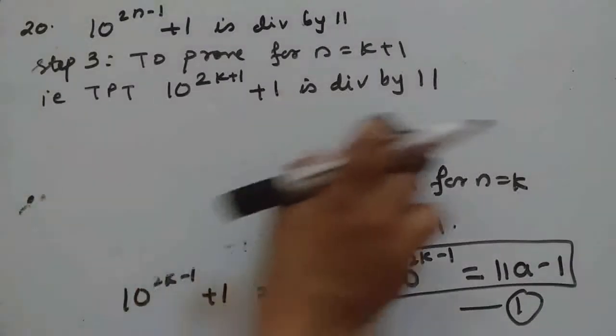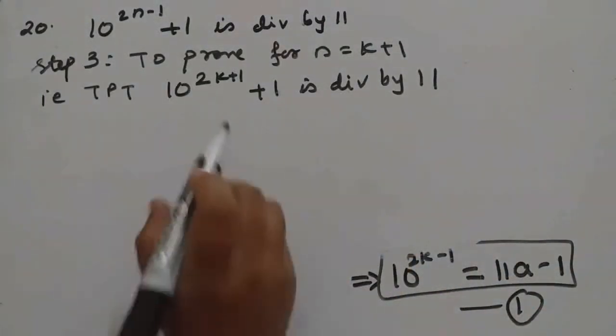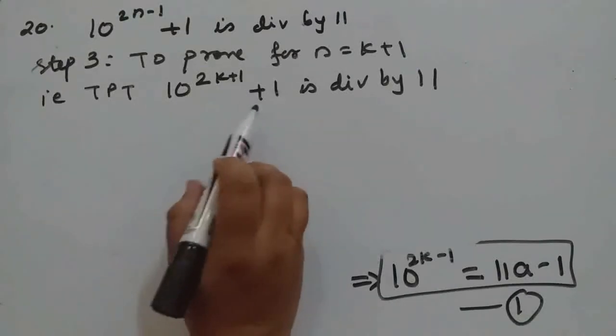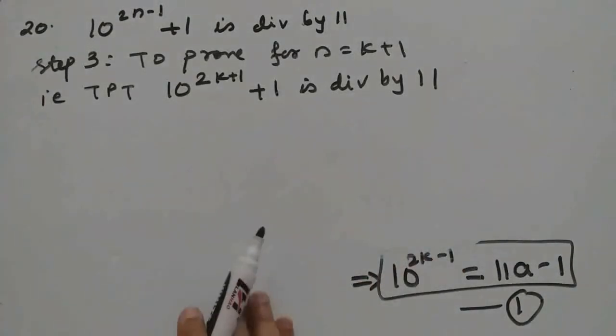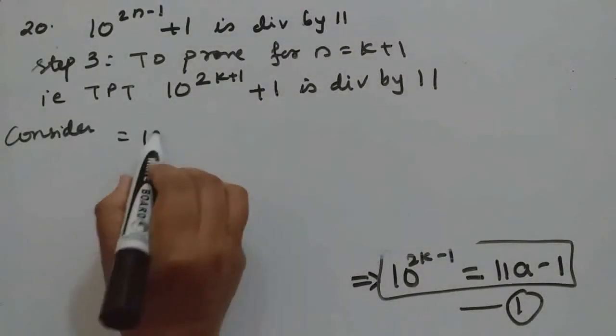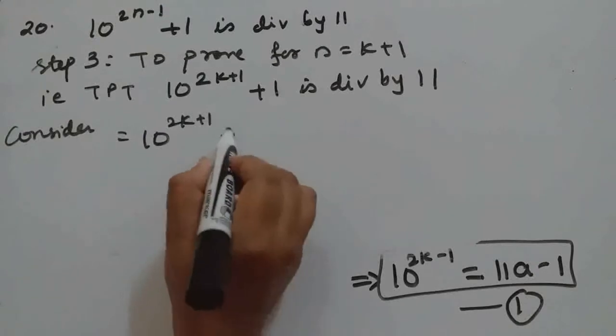This expression is divisible by 11 means this expression equals 11 into some number. So we will consider 10 power 2k plus 1 plus 1.